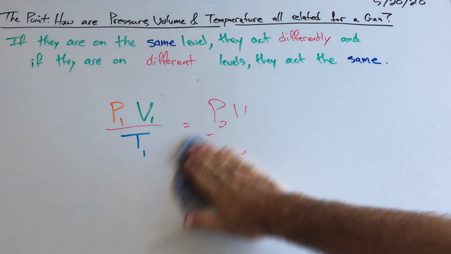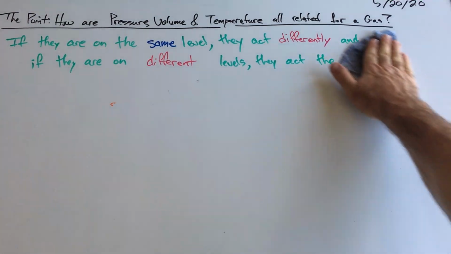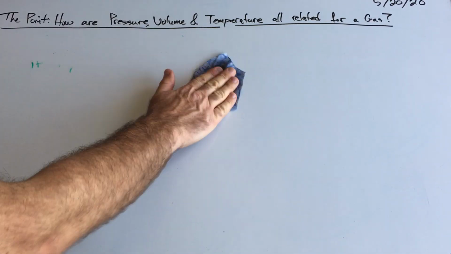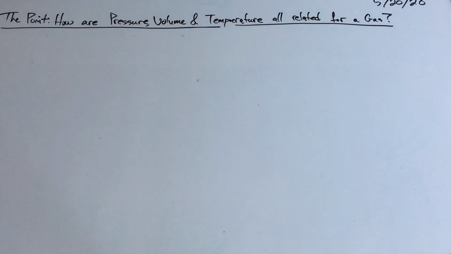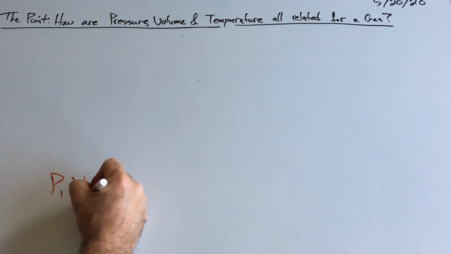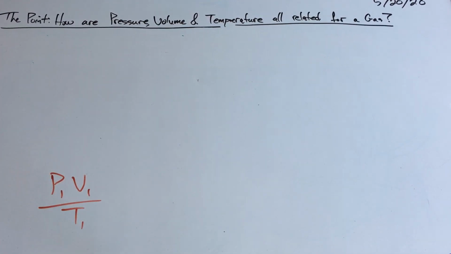Okay, so how are all these things related? Well, let's find out. Just for reference, down at the bottom, I'm going to write my combined gas law formula. I'm just going to write the front of it because that's really all I need. And let's just start in.